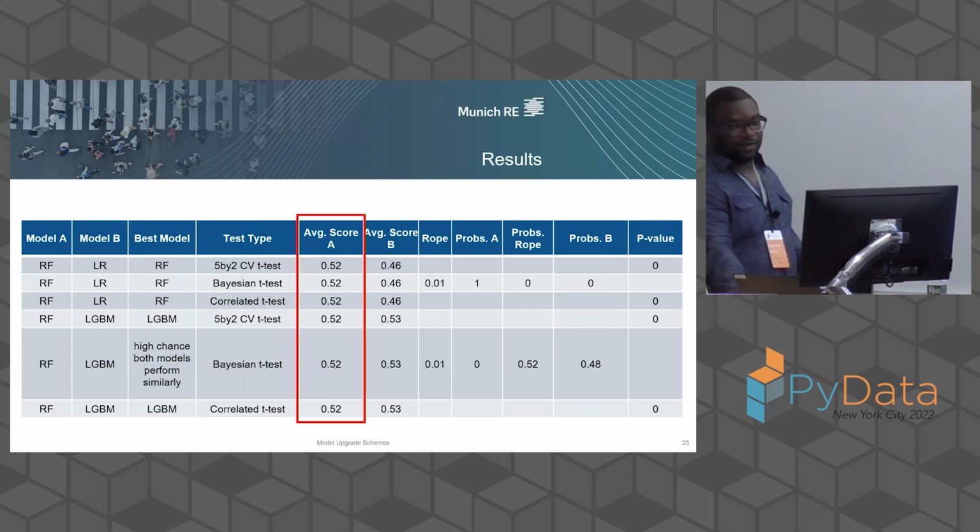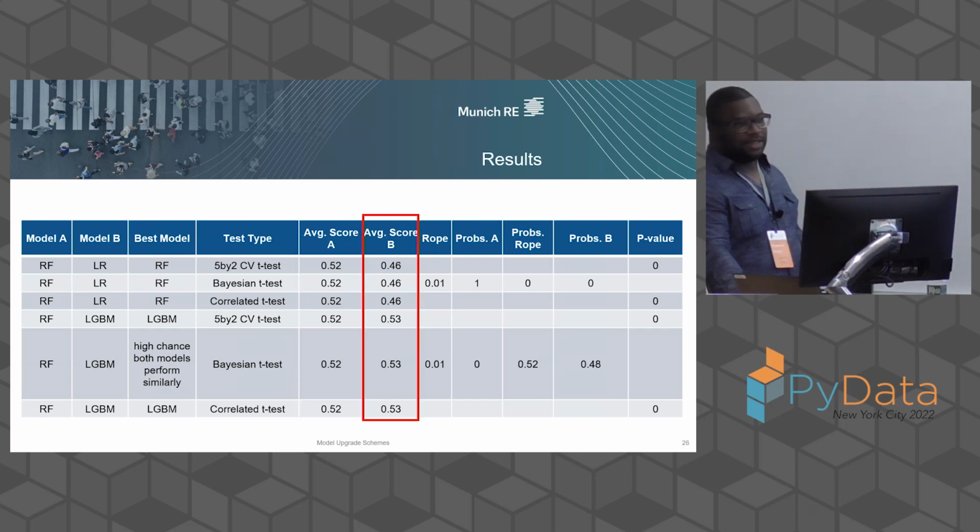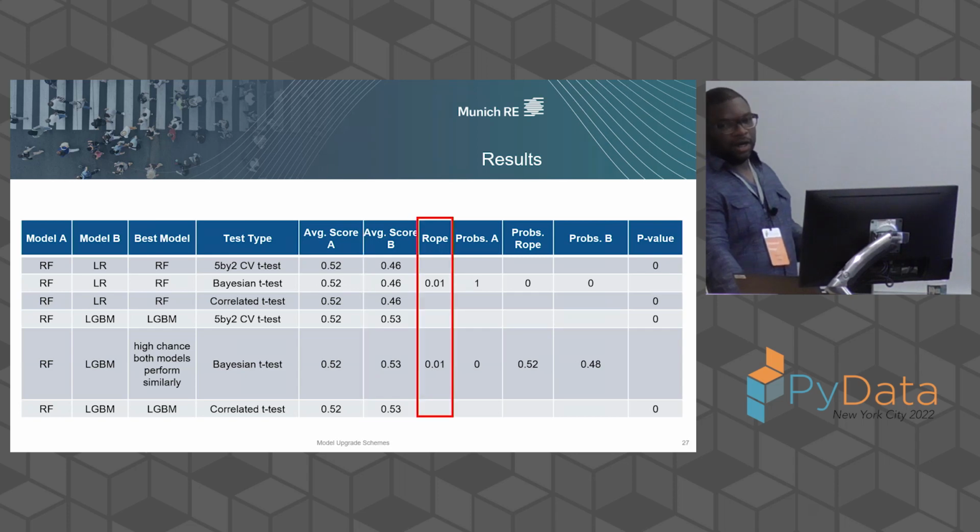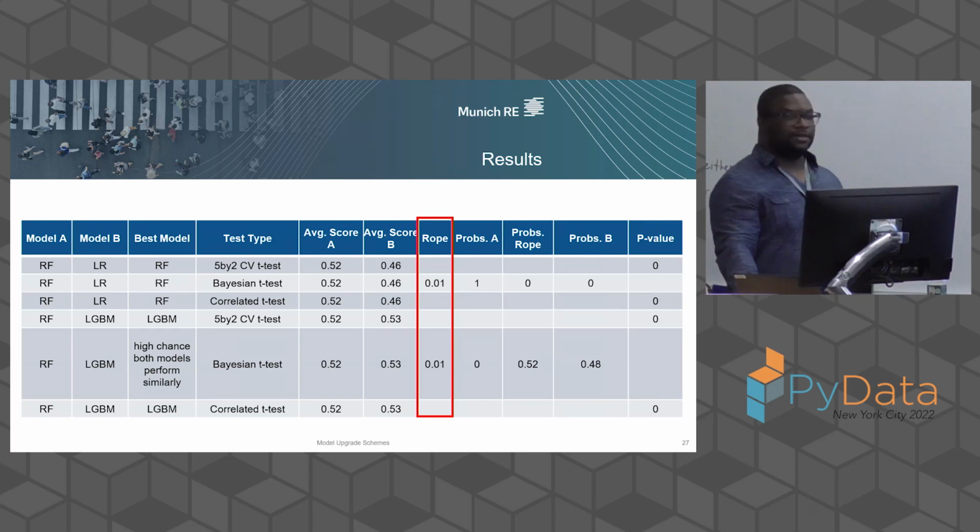The next column, the average score A, is the average accuracy for model A in the test, and the same thing for model B. The next one is the region, what percentage within the accuracy was used as the so-called region of practical equivalence in this experiment. This, of course, only applies to the Bayesian test, because that is the only situation where it applies.